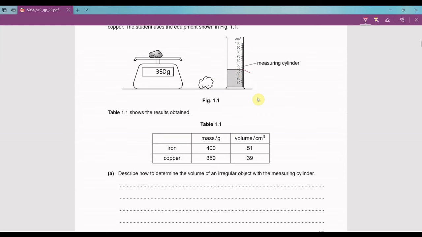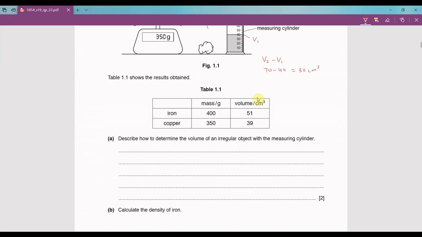Then we put the rock in, and we'll see the water level rising. Let's say it rises to 70, and let's call this V2. Then we subtract the initial value from the final one, and this will give you the volume of the rock. In our case, if it was 70 and the initial was 40, our volume would be 30 cm cube.